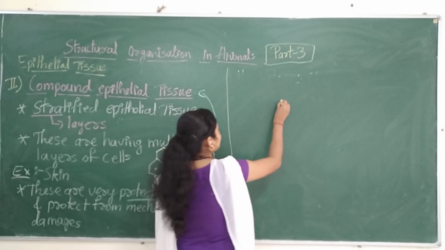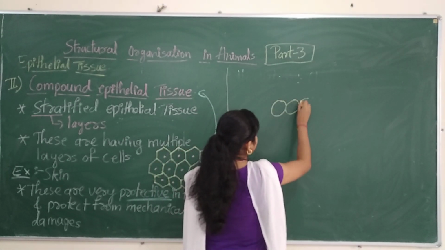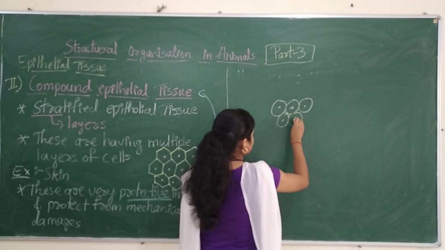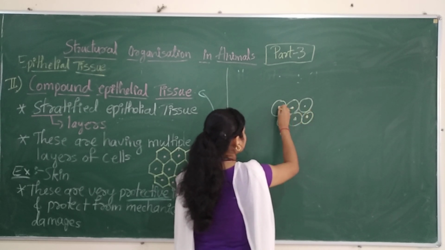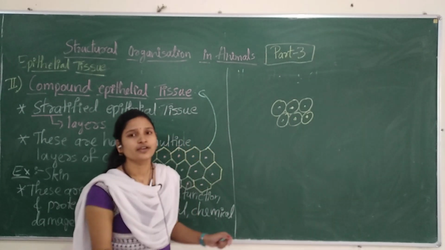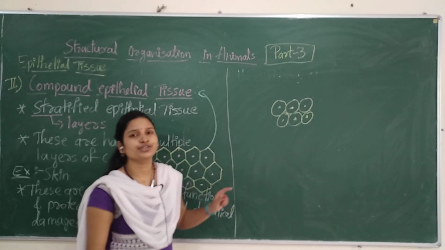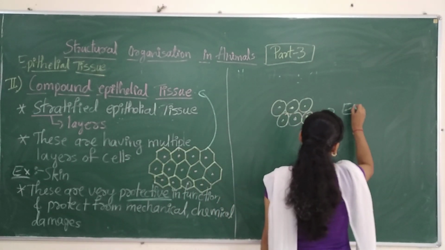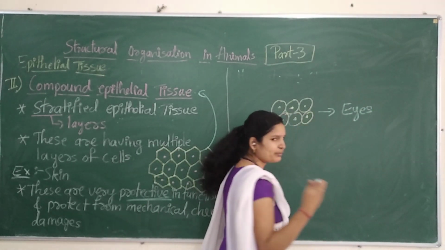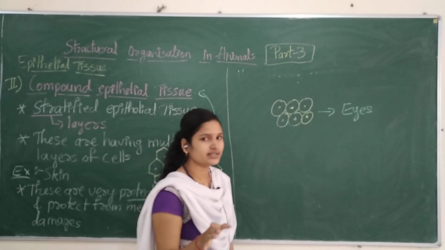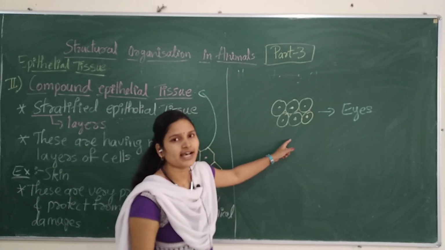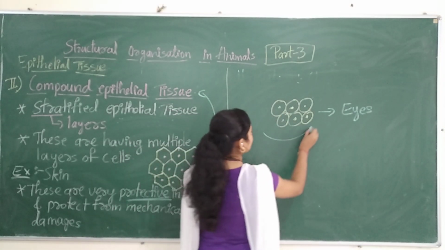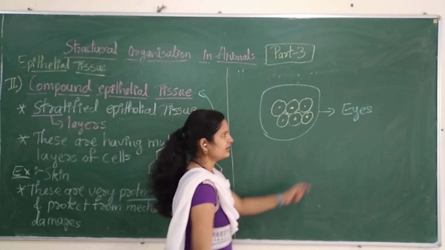Let it be. So take this as an example of any kind of cell. Not only the heart, but take it as an example of cells. So these cells are going to form, we'll take an example of eyes. Eyes, or there may be other types of cells and tissues, but for the time being this is hypothetical. Just try to understand these types of cells are going to form the eyes.